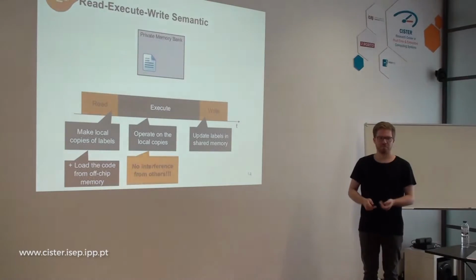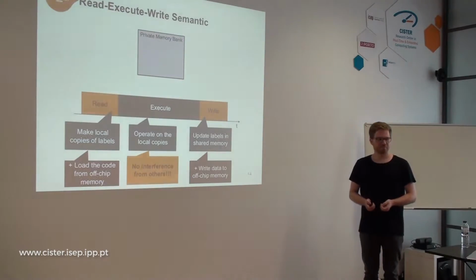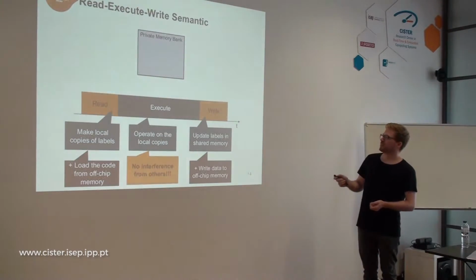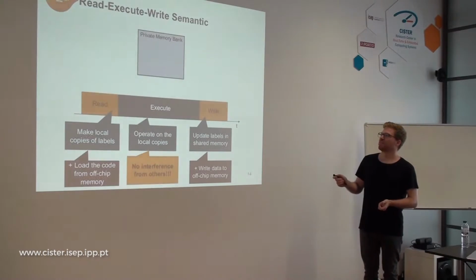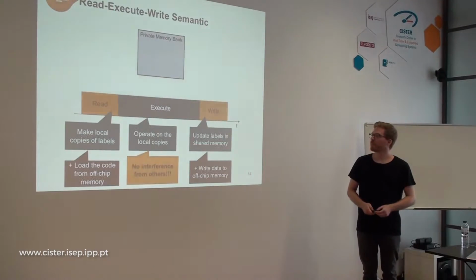So not the code, but the private data of the runnable. So we have to access the network on chip as well. And here we can also see that at the end of the execution, there's basically nothing left on the private memory bank. So successive instances of my runnable can be executed on any core, so we have no runnable to core mapping.